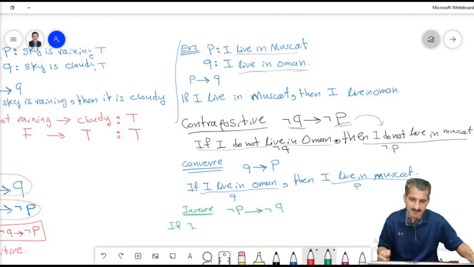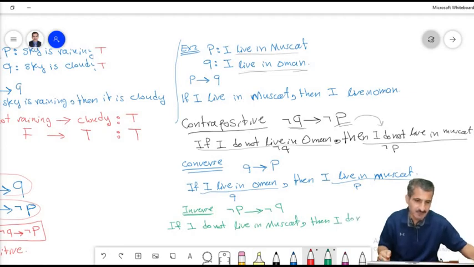If I do not live in Muscat, then not Q is the negation of Q, then I do not live in Oman, and we know this is a wrong statement. So this is not P and this is not Q.